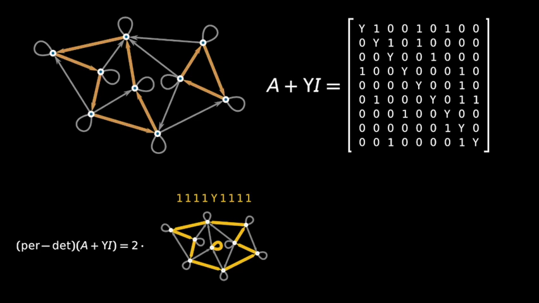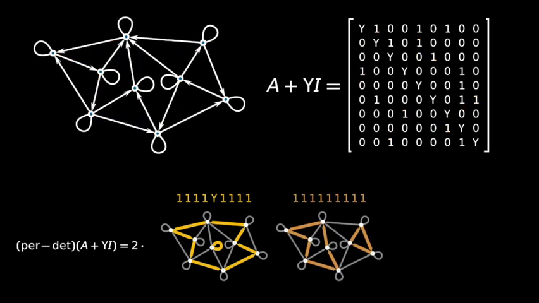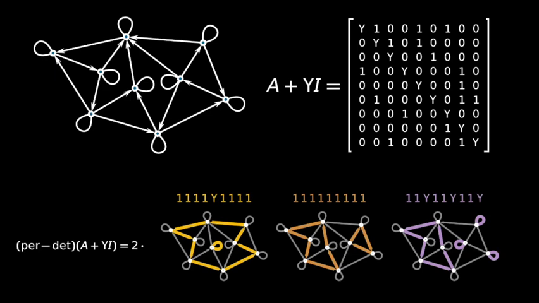For instance, this cover consists of an 8 cycle and a single self-loop, contributing a single occurrence of y to its term. The cover consisting of a 3 and a 6 cycle picks no self-loops and just contributes a boring old 1. But our quarry, the 6 cycle, also appears in a cycle cover where every vertex not on the cycle picked its self-loop.